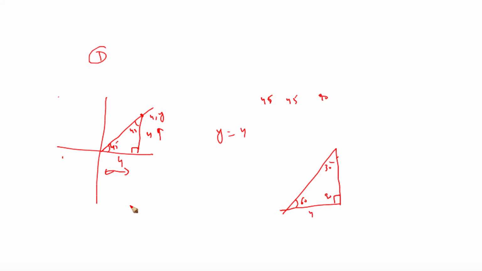So we apply the property of 30, 60, 90. You must remember this property. It is x for 45, 45, x under root 2, and this is x under root 3, 2x. So for 30 it is 4, for 60 it will be 4 under root 3.